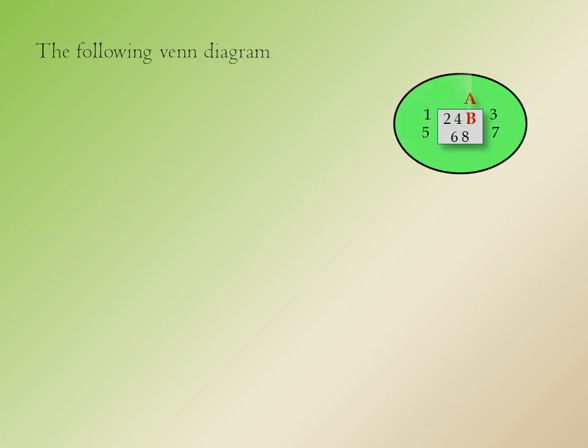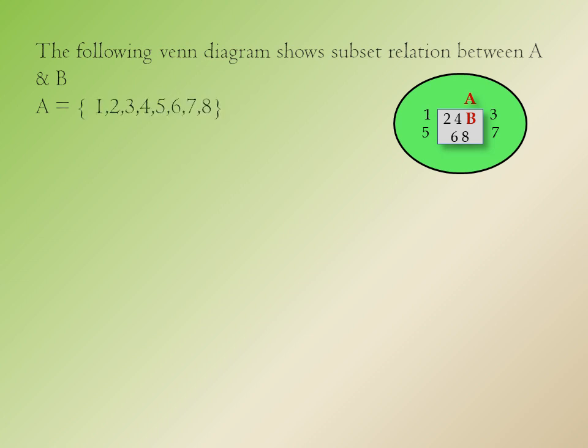The following Venn diagram shows the subset relation between A and B. A = {1 to 8} and B = {2, 4, 6, 8}. Here you can see I have shown the Venn diagram. Set B has been shown in a rectangular shape inside set A, as B is a subset of set A. The next thing you have to take down is points to remember.